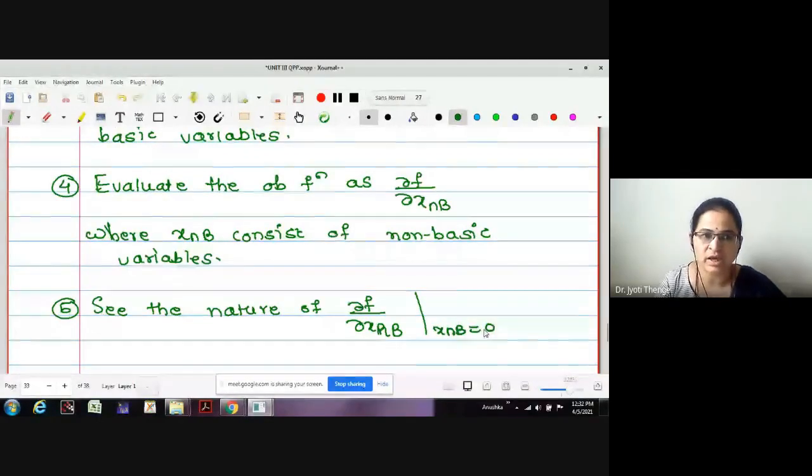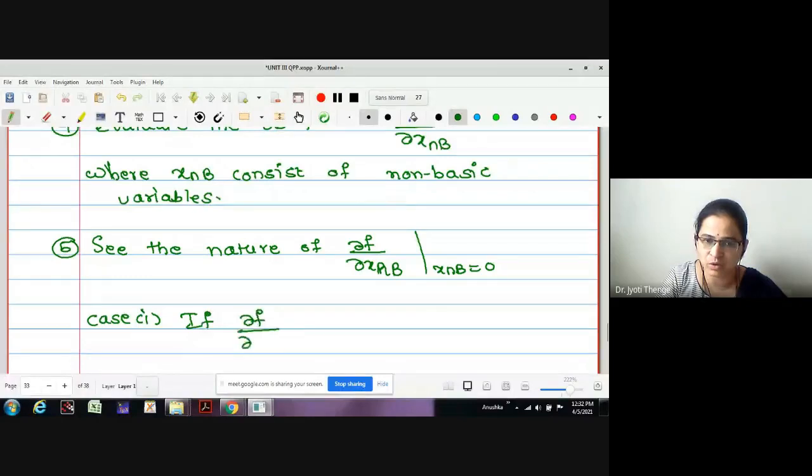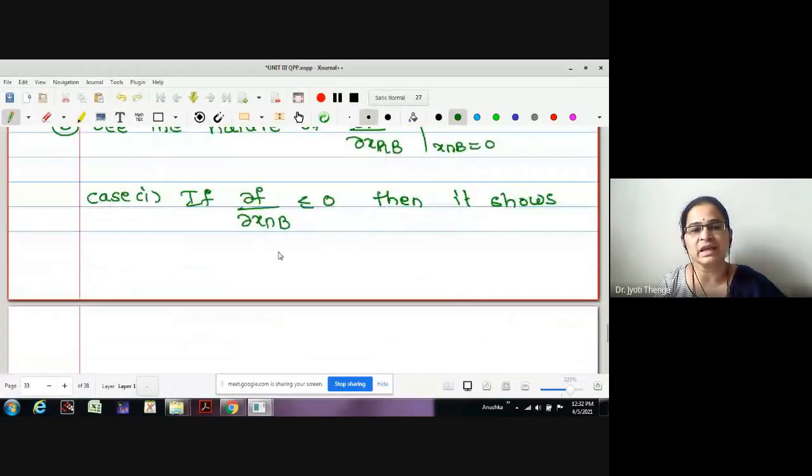Now there are two cases. In case 1, if ∂f/∂x_nb is less than or equal to 0, then it shows that an increment in any of the non-basic variables will not give us an increment in f, because the rate of change is negative.